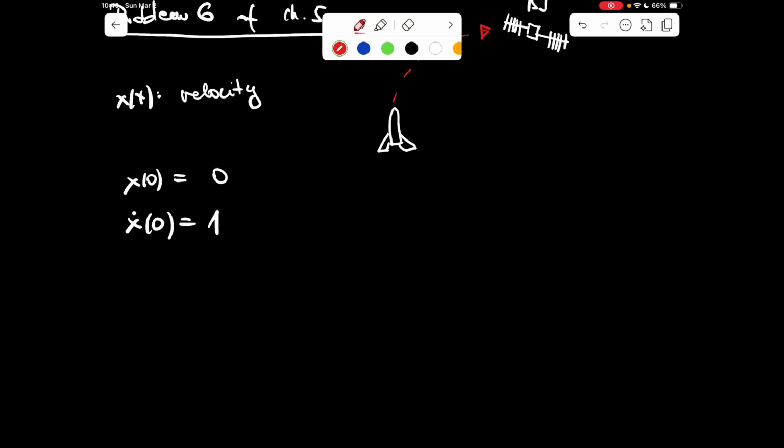So this is a set of initial conditions. We know that the second time differential of the velocity function is u(t), which is the unknown control variable.